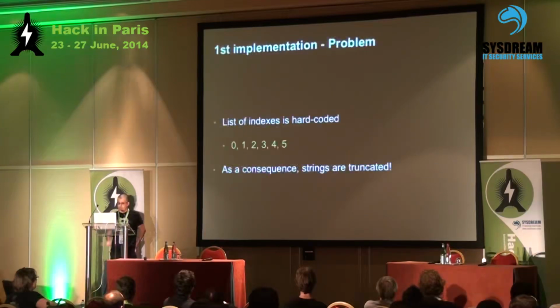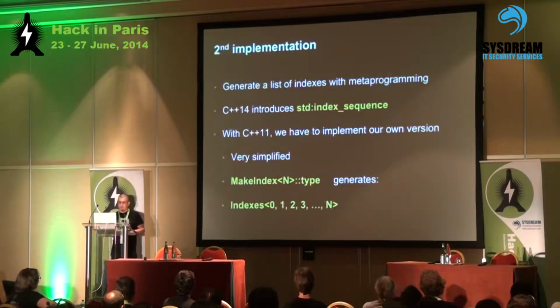However, I have a small problem with this implementation. Like you see, the list of indexes is hard-coded. And if I have a string which is longer, it will be truncated. And if the string is shorter, depending on the compiler, it could produce very strange things. So I have to enhance my implementation.